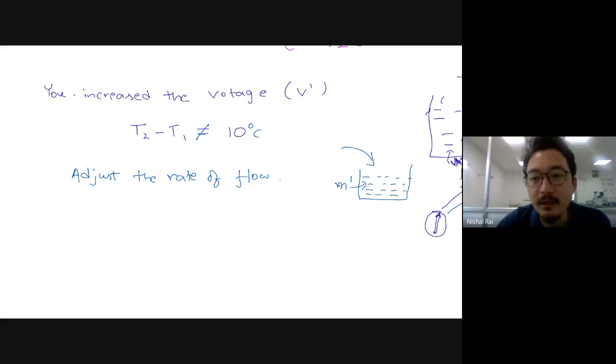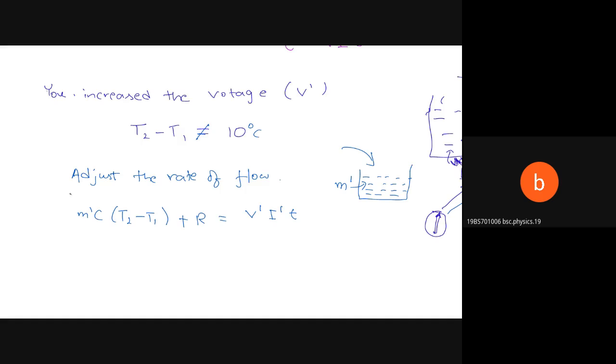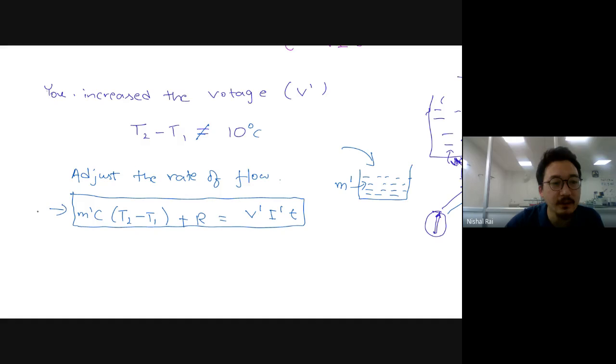So we'll have M prime C (T2 minus T1) plus radiation equal to V prime I prime into T, for the same amount of time. This is, say, equation 2.